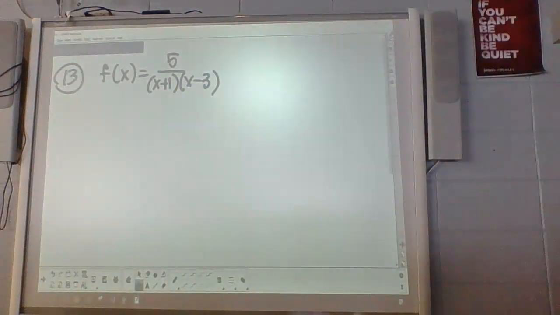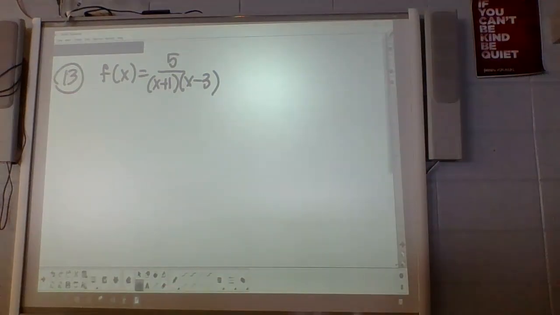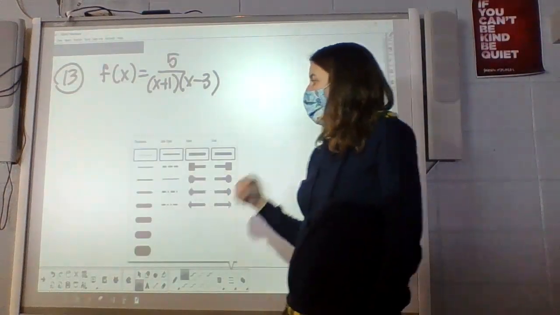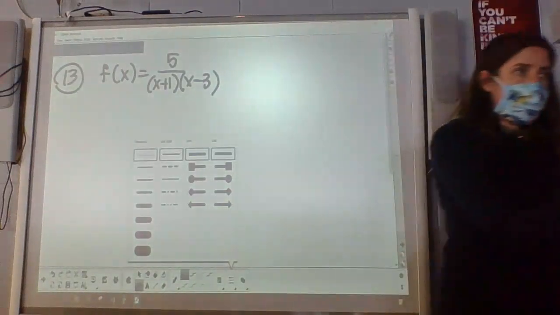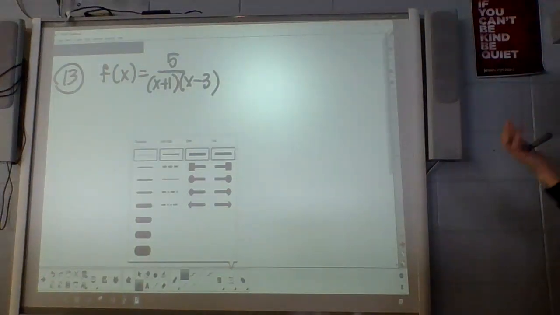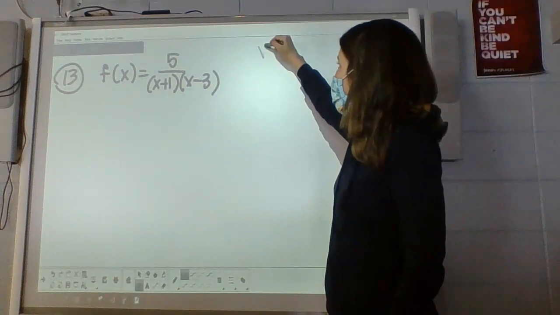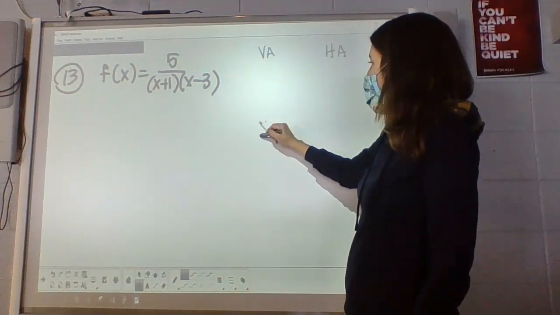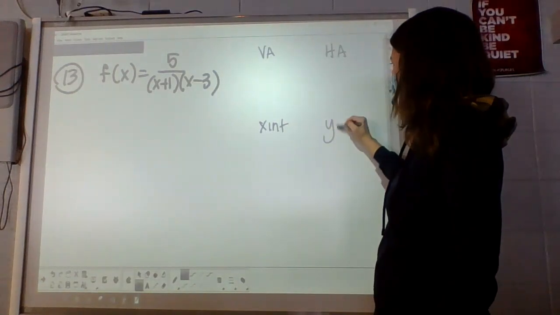Okay. So guys, remember that when we have these questions, I wrote the test up this way where I ask you for the vertical asymptote, the horizontal asymptote, an x-intercept, and a y-intercept.